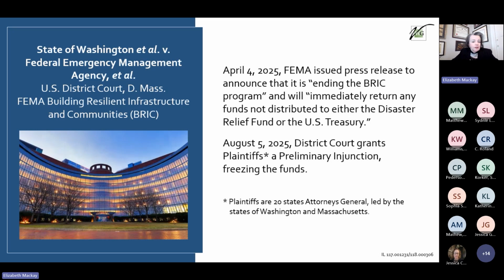And BRIC is a very popular program. It's not disaster recovery. We think of FEMA mostly as disaster recovery, but it's pre-disaster mitigation.